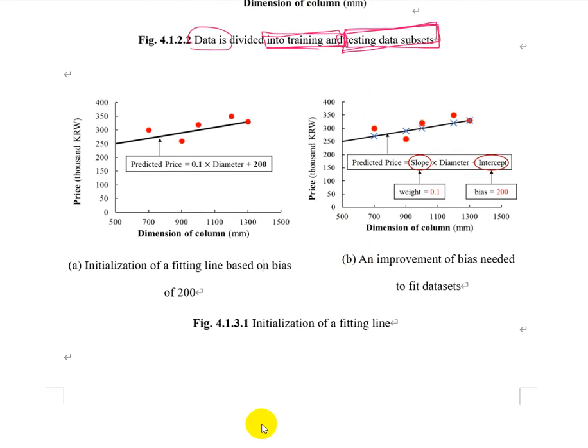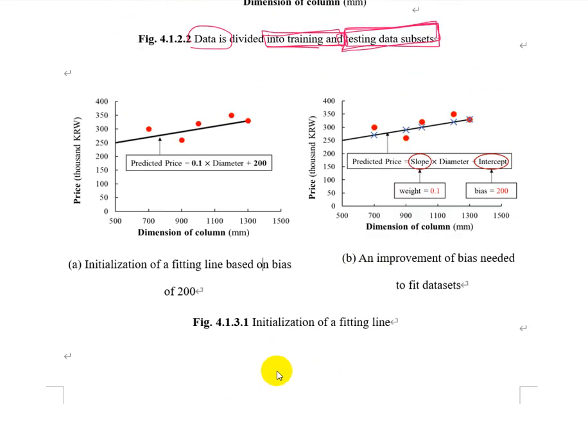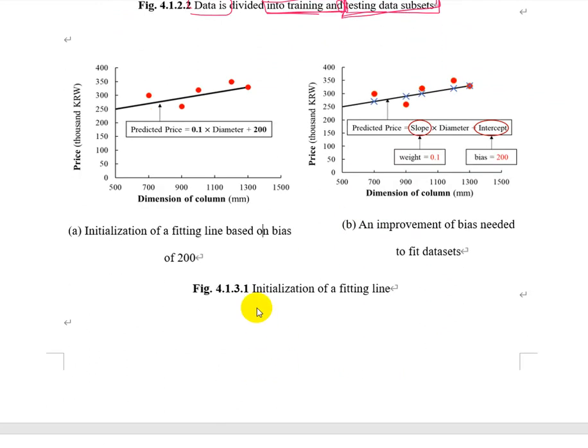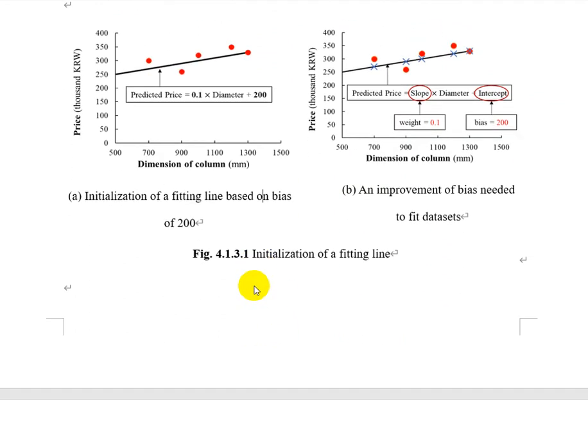So here we have an initialization of a fitting line, which means that we have an initial fitting line from which we can start mapping, fitting or matching input data sets to output data sets.